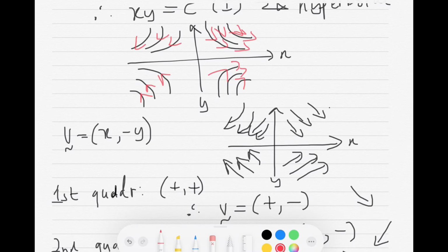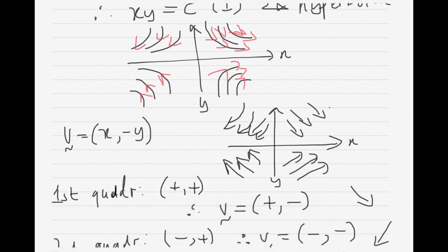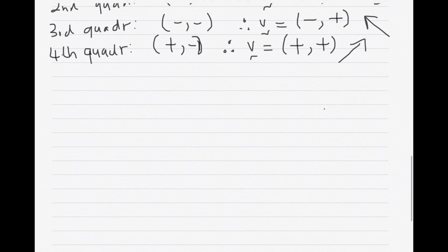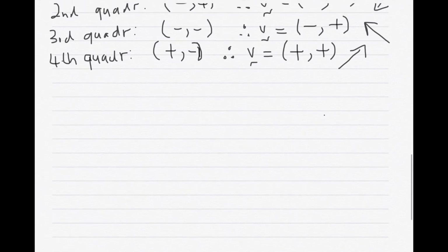For example, along the positive x-axis, y is equal to 0 and x is positive. So let's discuss that a bit, just to get the exact direction along the axes.